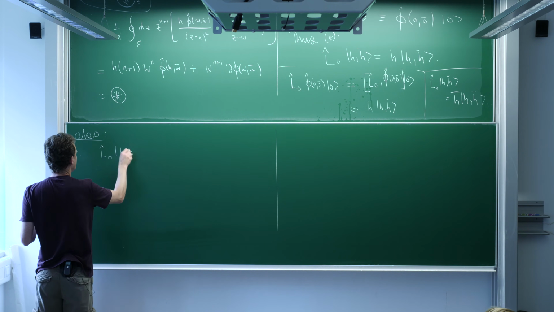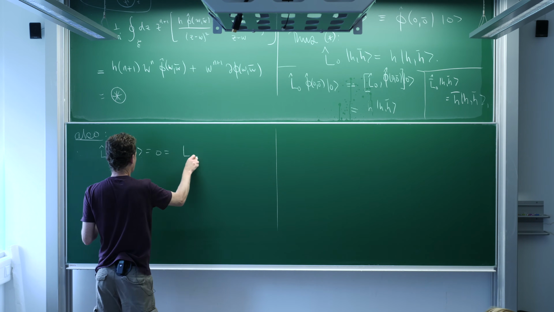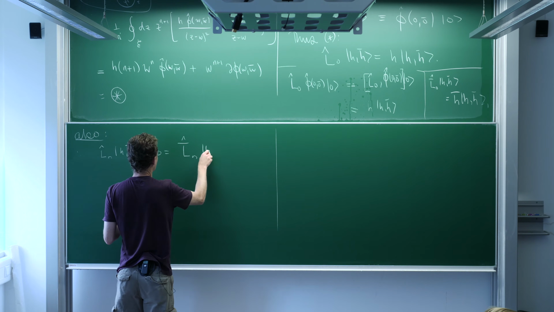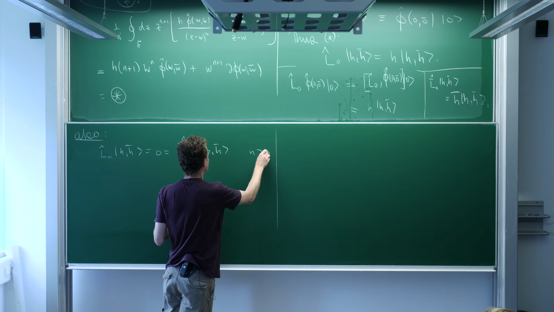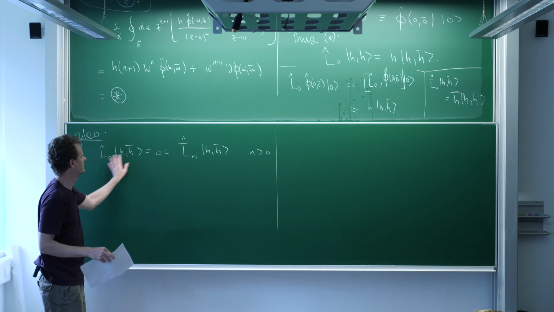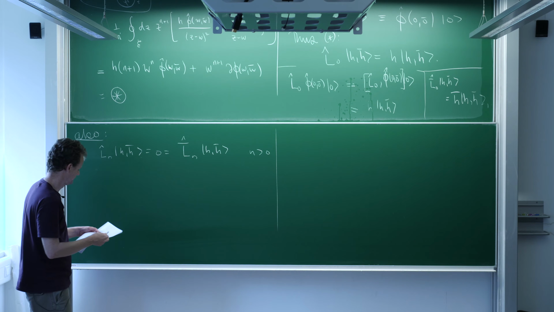Before discussing that, I'll just point out a simple consequence of this commutation relation. As long as n is bigger than 0, these are actually 0, the Ln's applied to these states here.